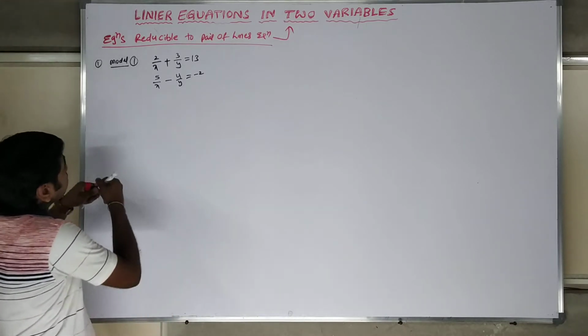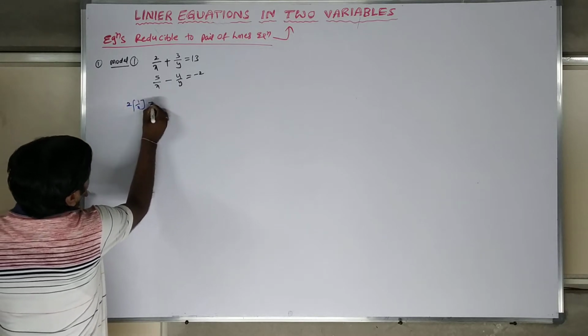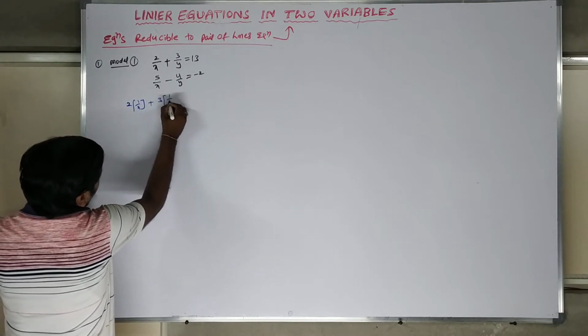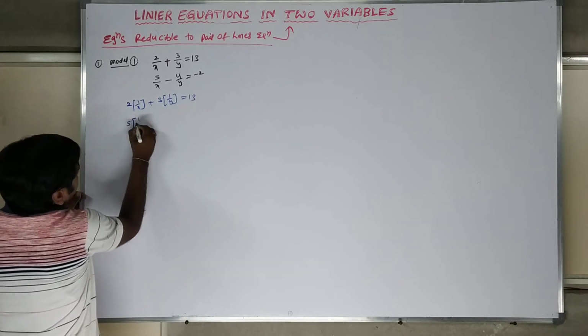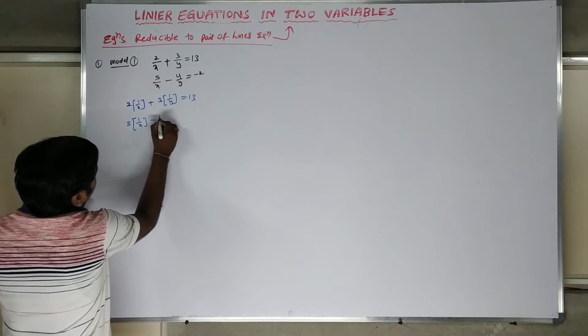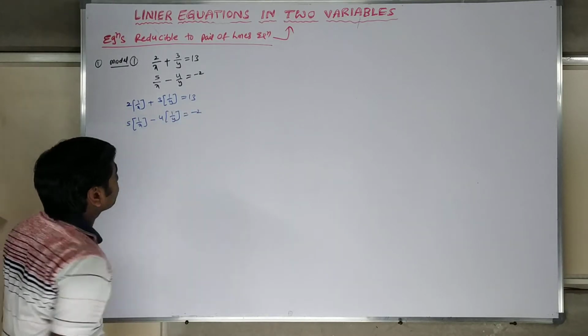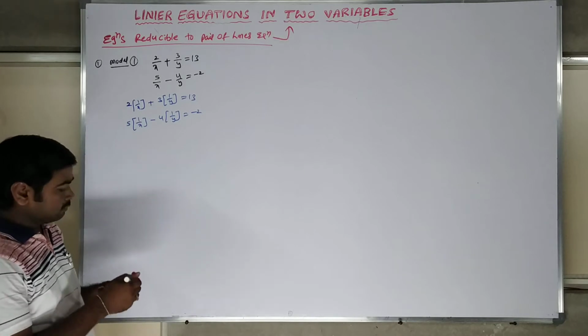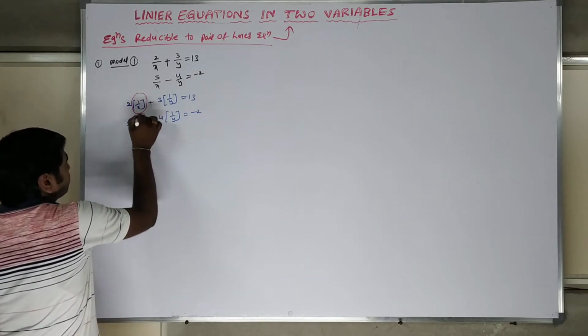So let us rewrite the equations. 2 into 1 by x plus 3 into 1 by y is equal to 13. 5 into 1 by x minus 4 into 1 by y is equal to minus 2. What is the common portion in these? In both cases it is 1 by x.